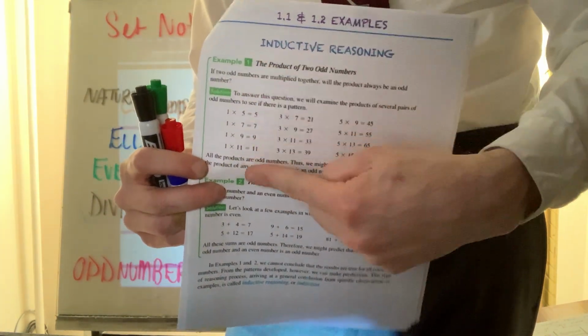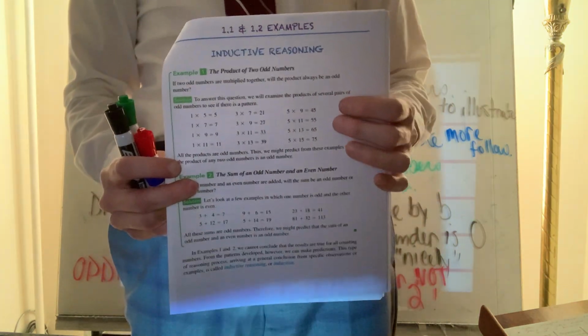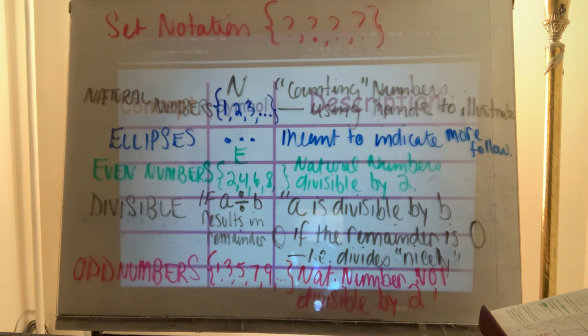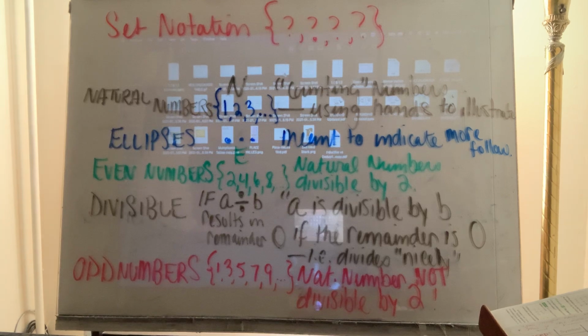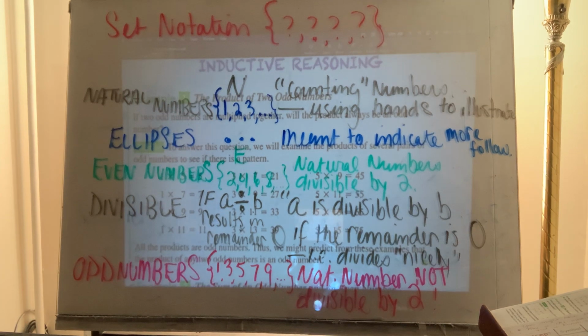I swiped these from the book and plastered them onto a document so that you can print it. Let's look at these examples. We've gotten the terminology out of the way and the thought processes. I'm going to have to erase a bit, so humor me for a moment.